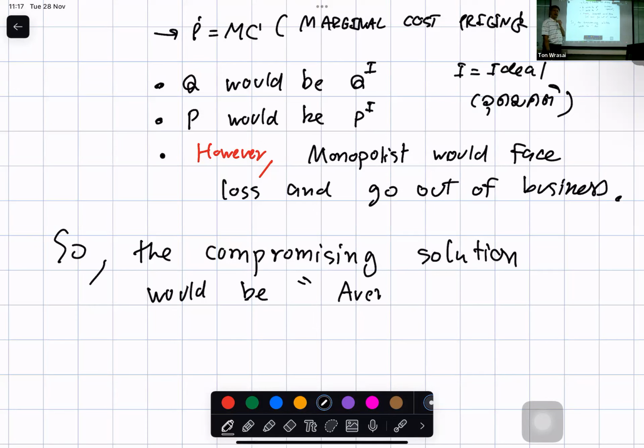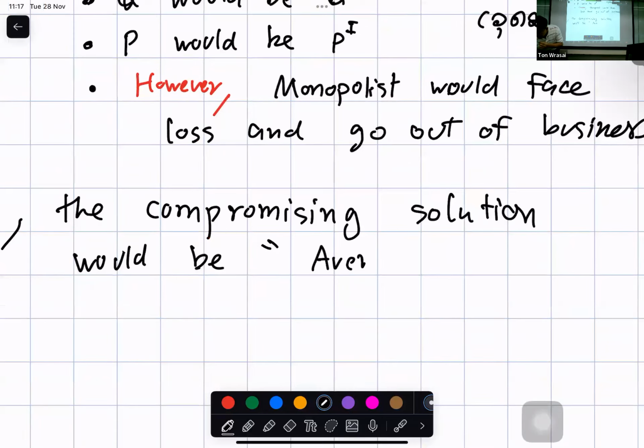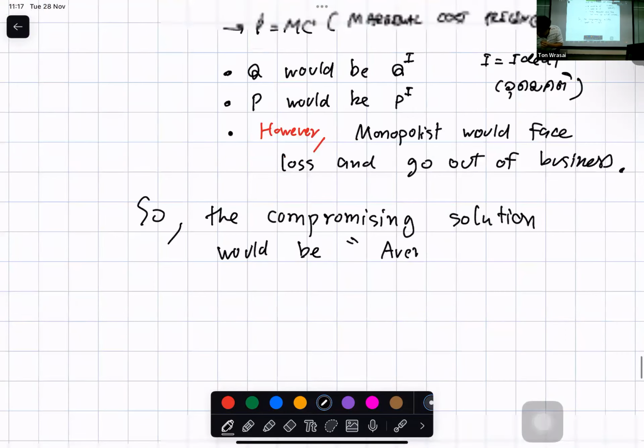Monopolists can still stay and do the business even though receive zero economic profit. Consumer receive the good and pay some price, still cheaper than without regulation. So compromising solution is to use average cost pricing to regulate him.